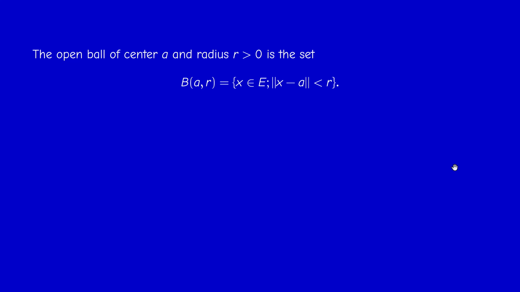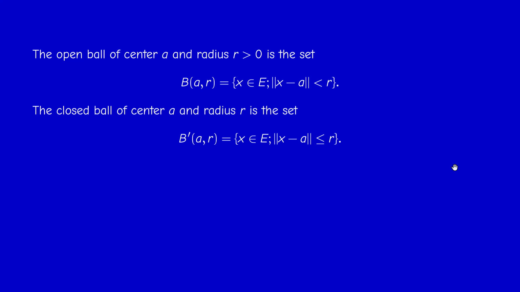Okay, notational review. The open ball of center A and radius R is the set of elements x whose distance to the center is strictly less than the radius. And the closed ball of center A and radius R is the set of elements x whose distance to the center is less or equal to the radius.